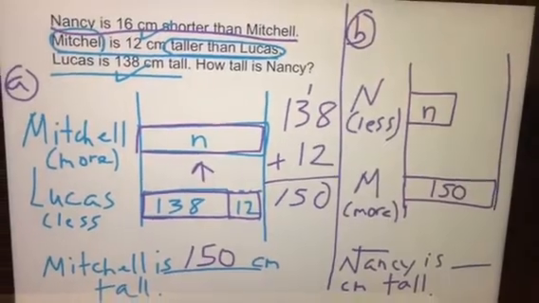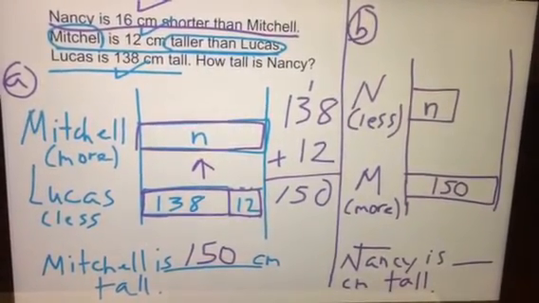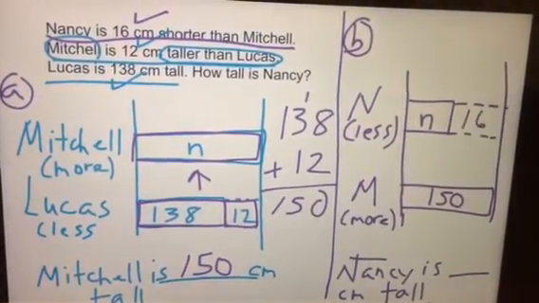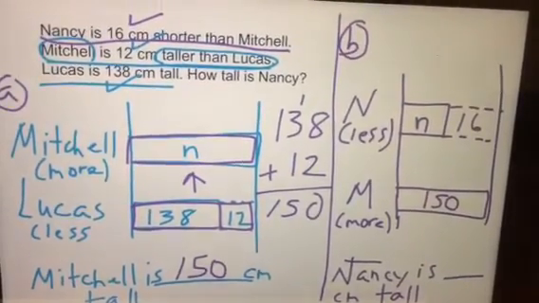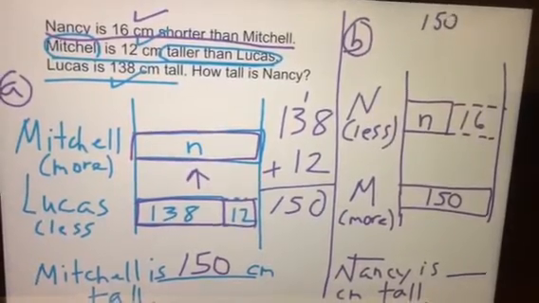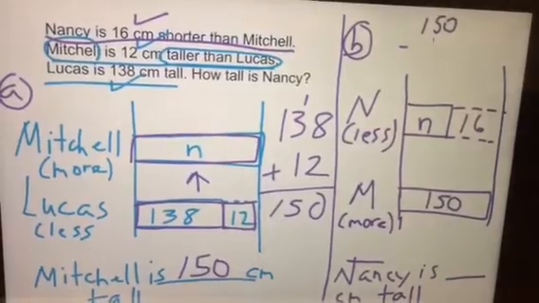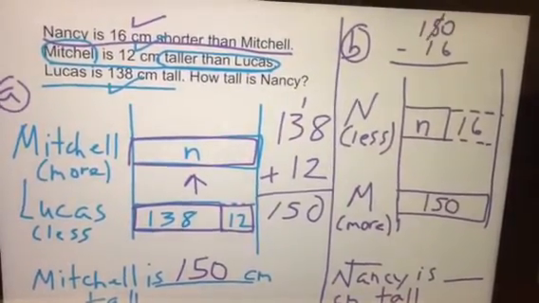Here's our ending line, and we have to make sure that we put in the fact that she is 16 centimeters shorter than Mitchell. Okay, so we know it's a subtraction because she's shorter than Mitchell. 150 centimeters minus 16 centimeters.